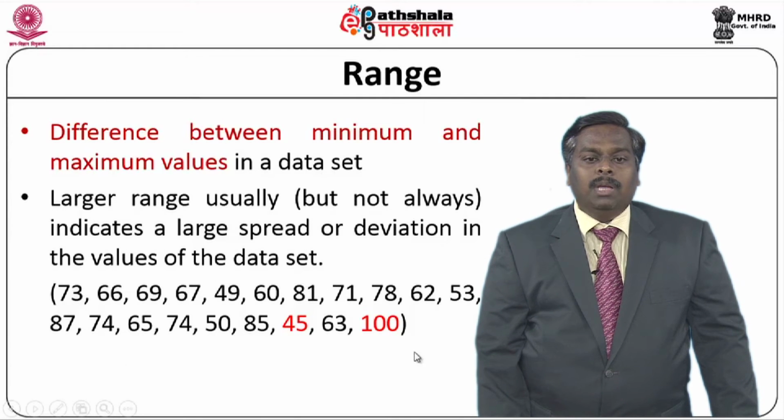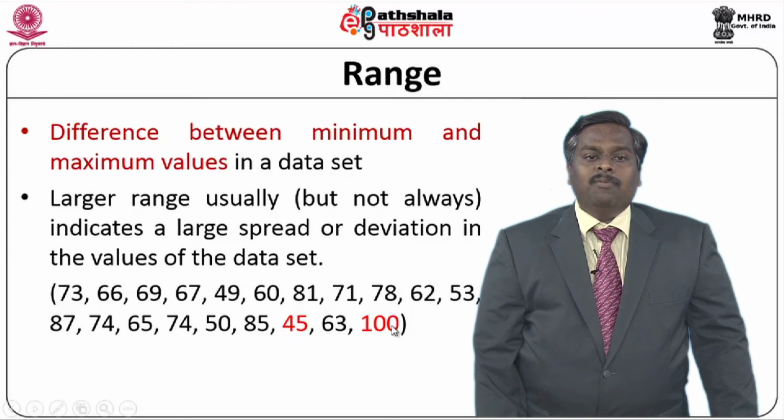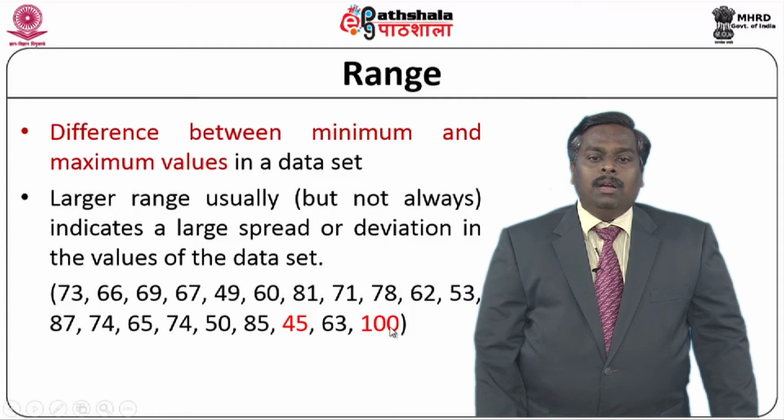Given this set of numbers, we can find the minimum and maximum value. In this set of values, 45 is the minimum value and 100 is the maximum value. The difference between the minimum and maximum value is called the range. So, 100 minus 45, which is 55, is treated as the range of the given data set.